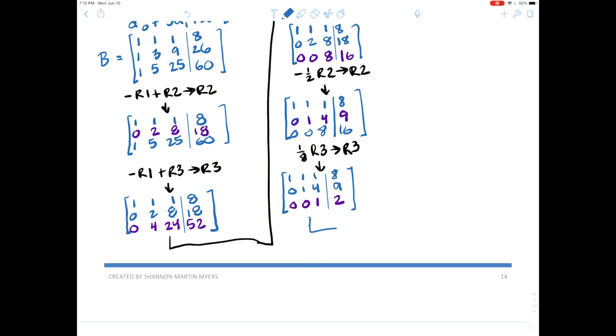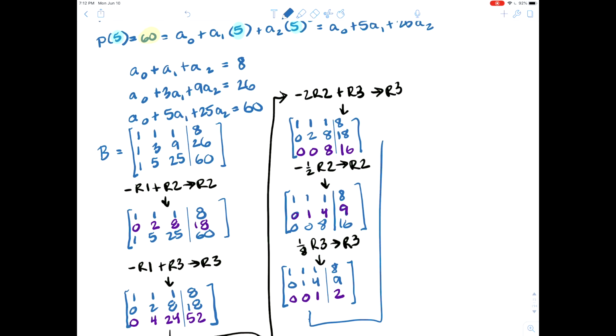So here, the equivalent system will be, so remember our unknowns were the A's, right? So we'll have 1A0 plus 1A1 plus 1A2 is equal to 8.